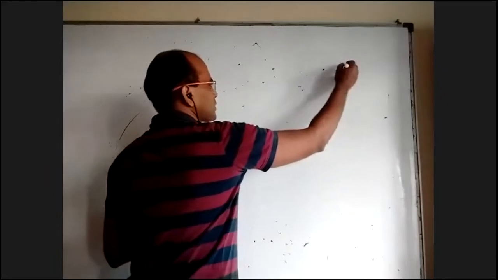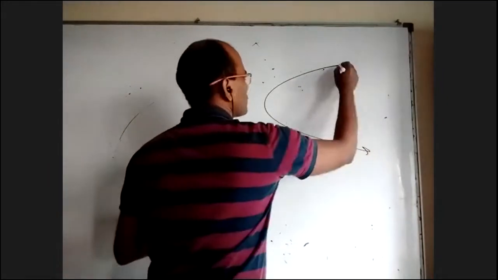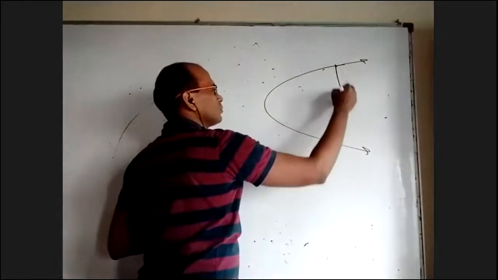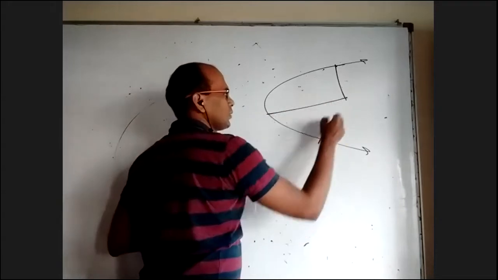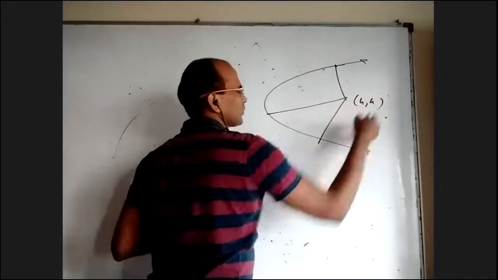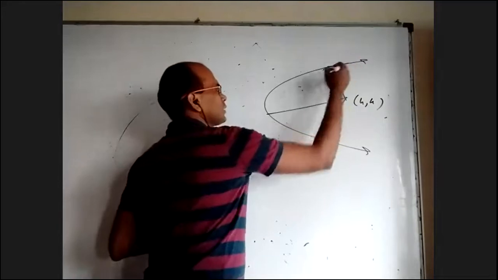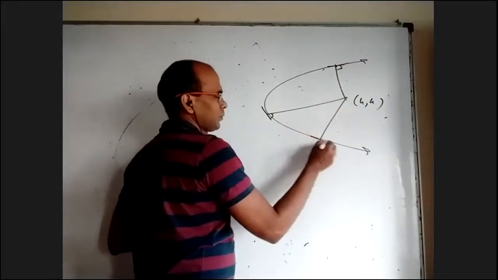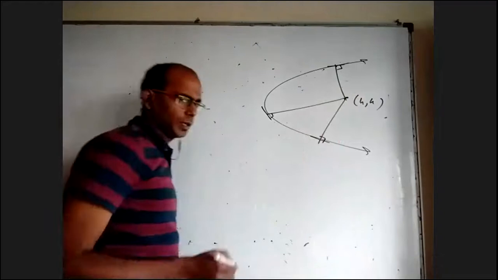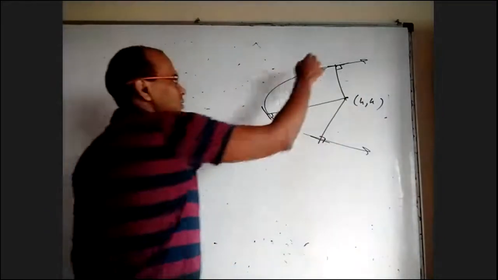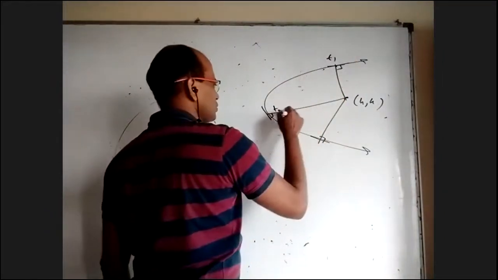Okay, let us discuss co-normal points. If there is a point h comma k and there are 3 normals of the parabola which pass through h comma k, and let's say this t value is t1, this is t2, this is t3.